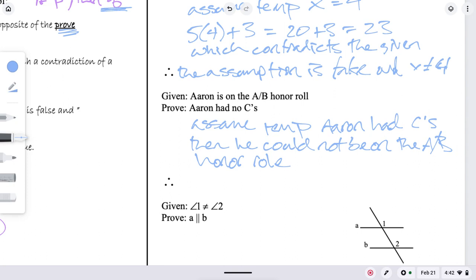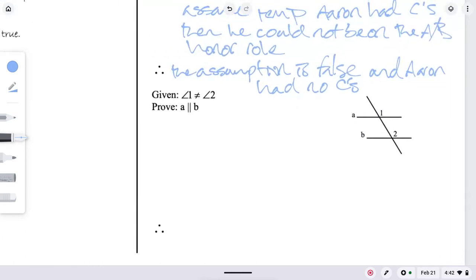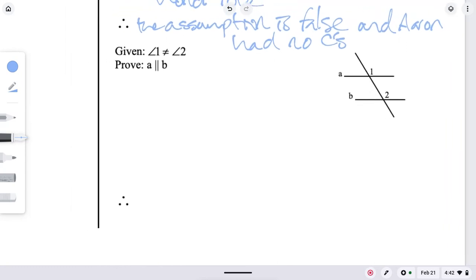So therefore, the assumption is false, and Aaron had no C's. So again, I'm just trying to prove, right, by disproving the opposite.